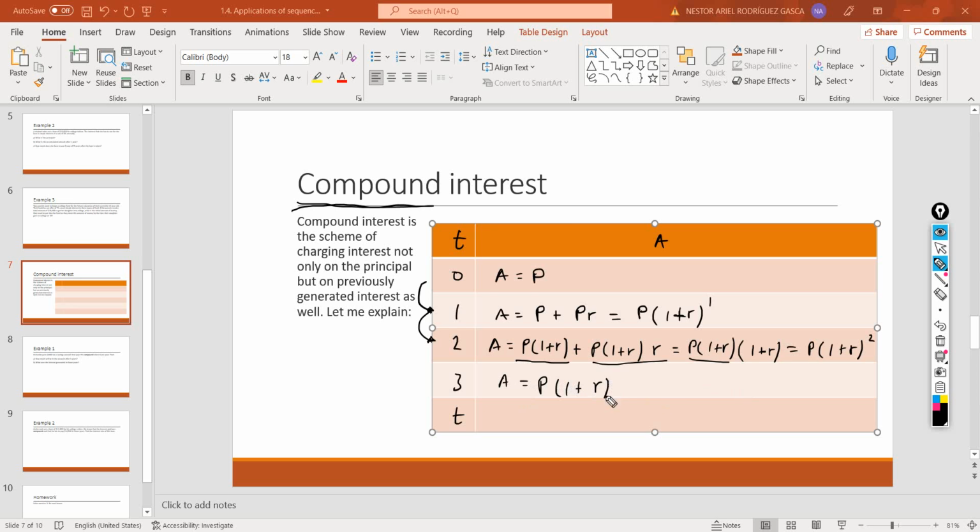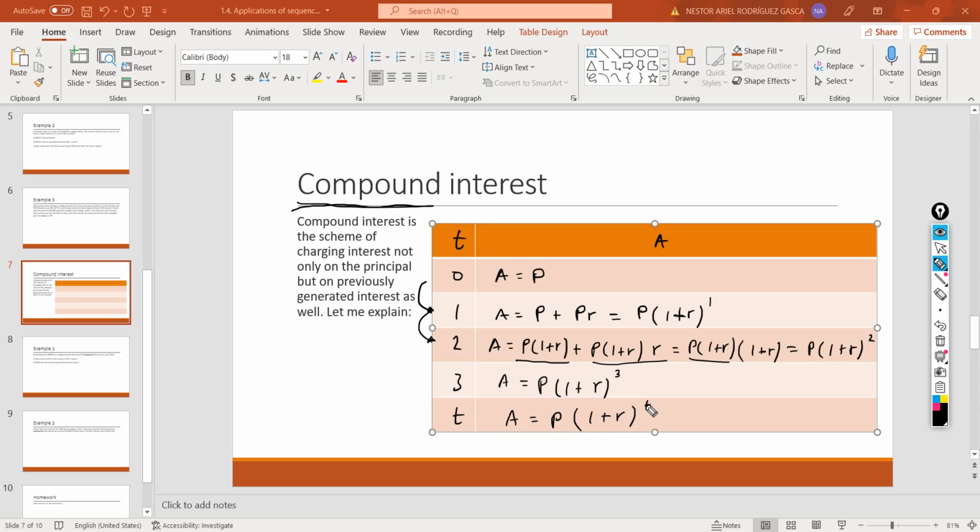So let's skip it and let's go directly to the simplification. You're going to get this, and therefore you can induce the general formula, right? For any general year t, the accumulated amount is going to be equal to the principal times 1 plus the rate of interest to the t.